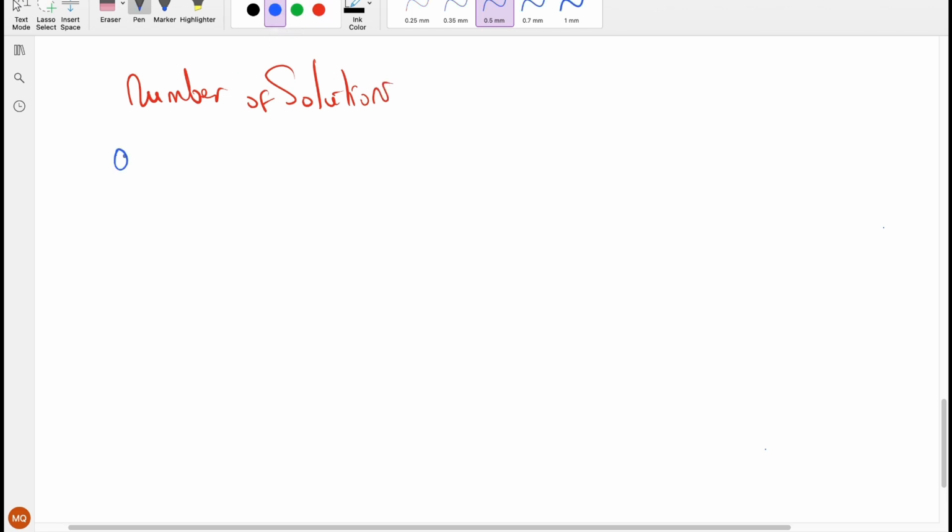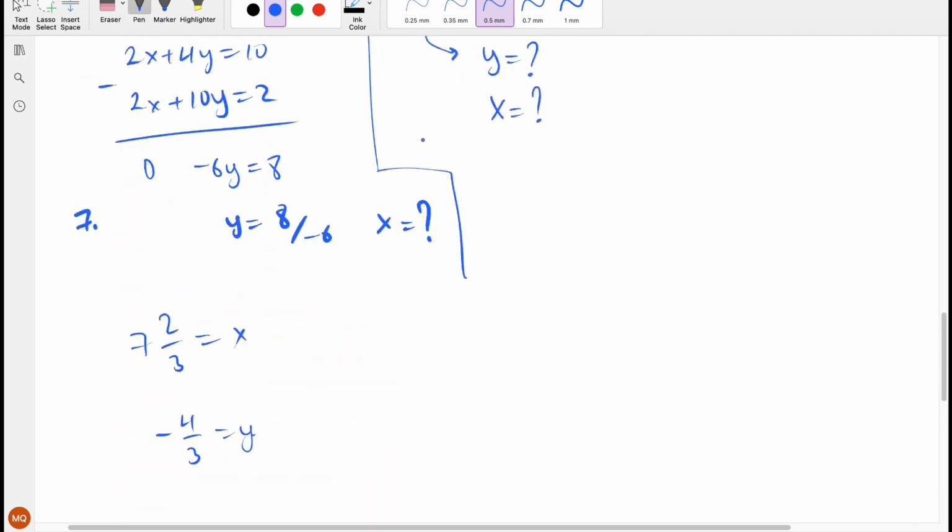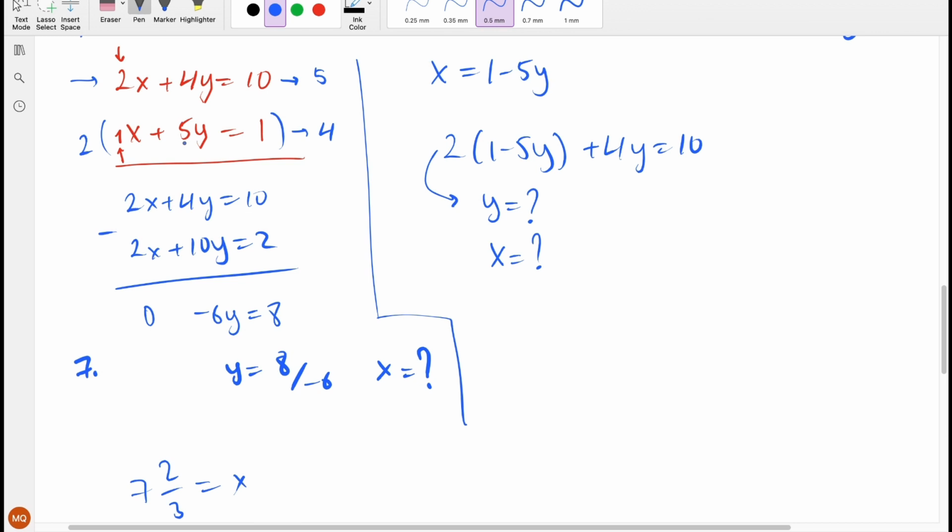Okay, let's say that again we have a1 x plus b1 y is equal to c1, and the same thing. Here for this question, for example, for this one we have one solution.